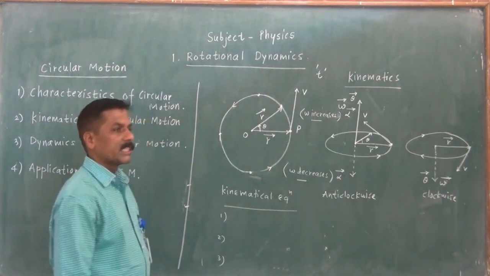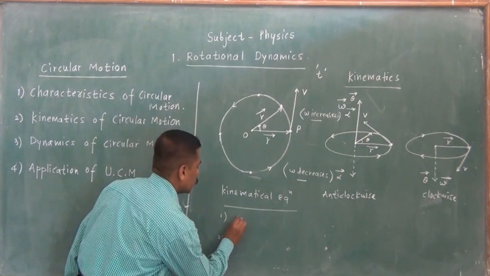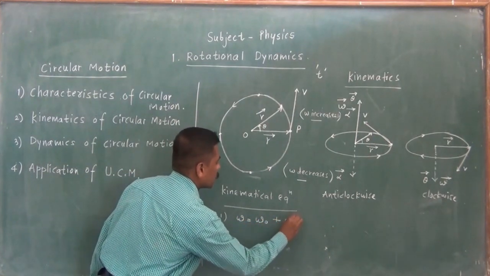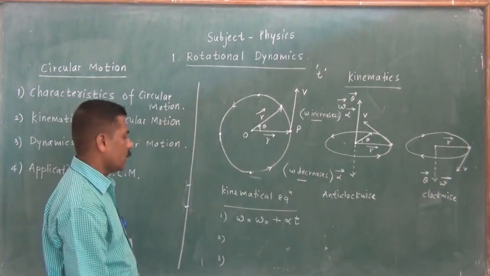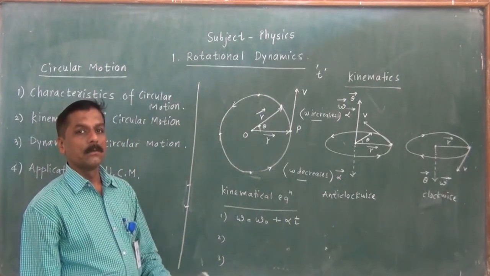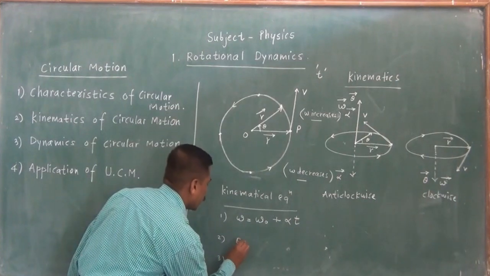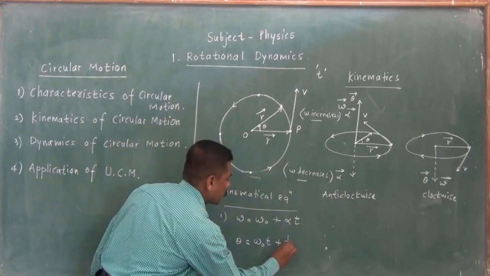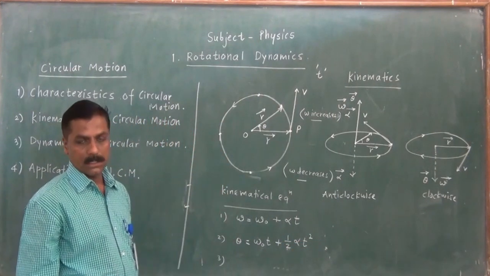Just as in linear motion we have the equation v is equal to u plus at, here we have omega is equal to omega 0 plus alpha t. So these are analogous terminology. Similarly, the second equation is s is equal to ut plus half at square, and its analogue here.